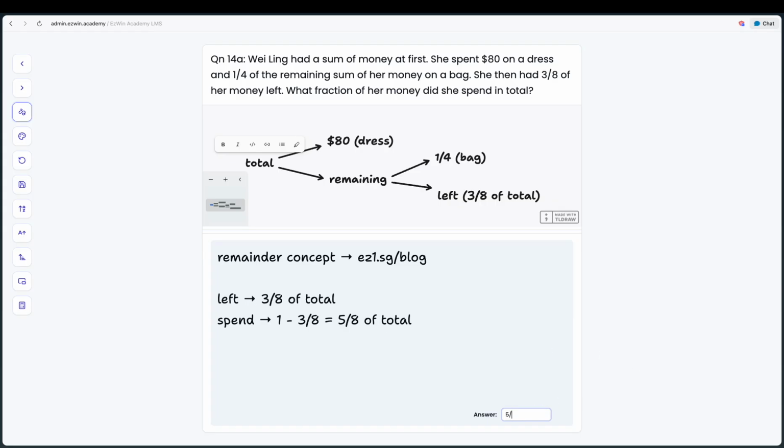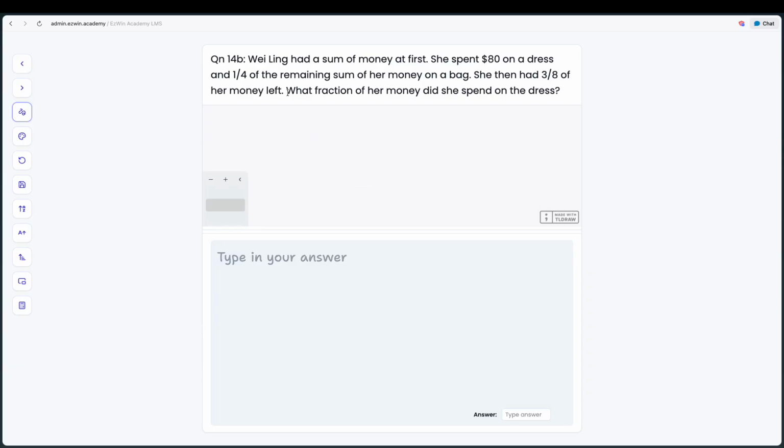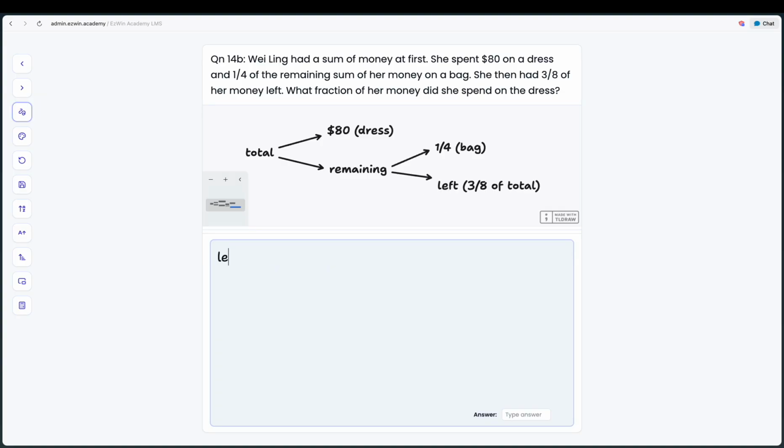Pretty straightforward. So for part B, what fraction of her money did she spend on the dress? Here we know that there is the remaining, and then what she's left over. So that means this is 3/4. Left of remaining is basically 1 minus 1/4, which is 3/4.